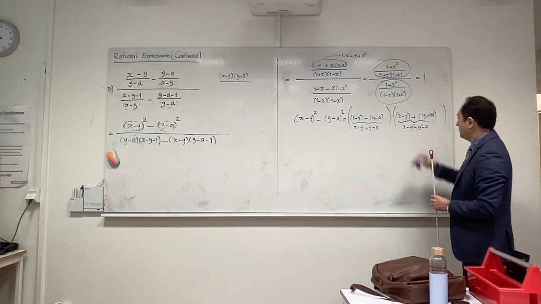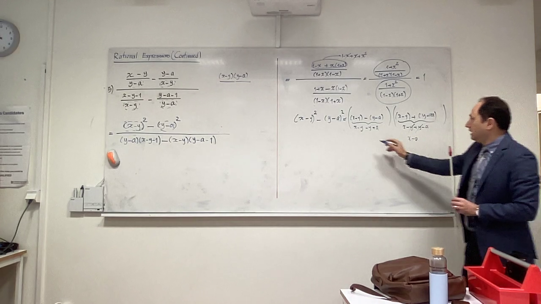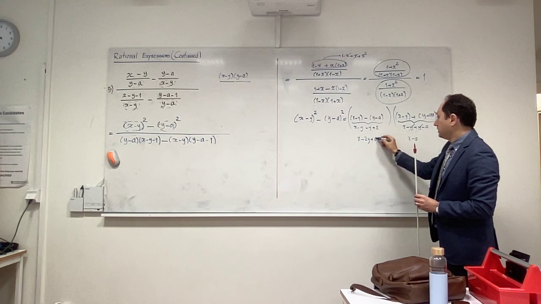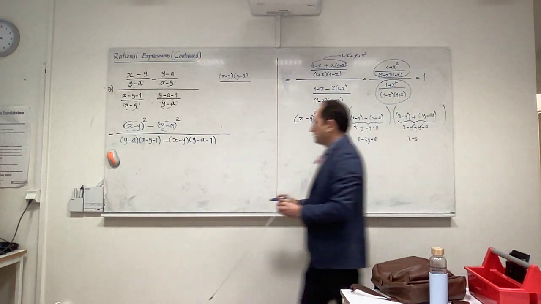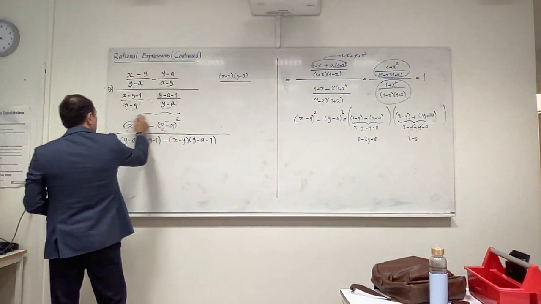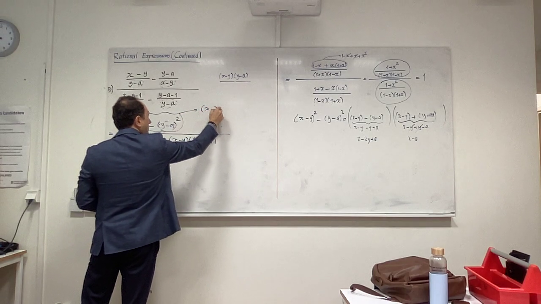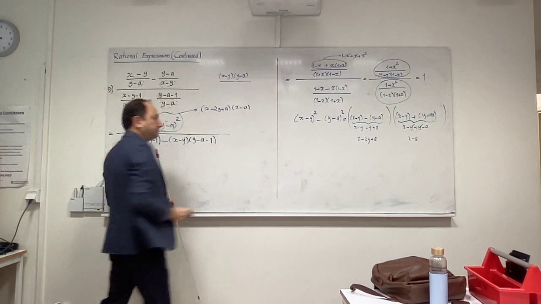And then I am lucky because this is gone. So this is x minus a left. And unfortunately, this is not gone. But I have to live with it, okay? Anyway, so I know the numerator. The numerator I already solved in the factorized form. It is x minus 2y plus a and then times x minus a.